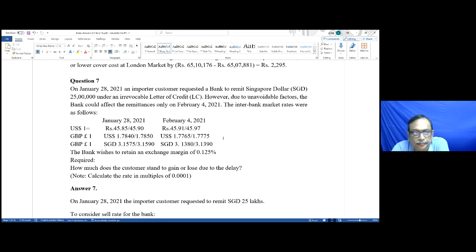That is again bid and ask. Great Britain pound 1 on January 28, 2021: US dollar 1.7840 and 1.7850. And February 4, 2021: US dollar 1.7765 and 1.775.